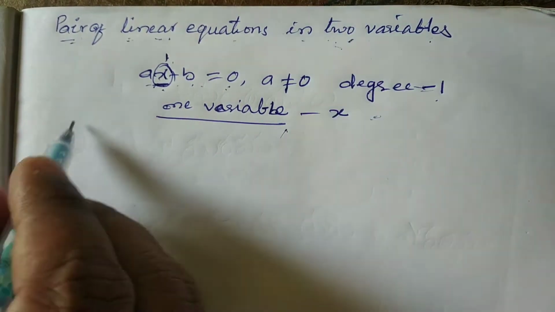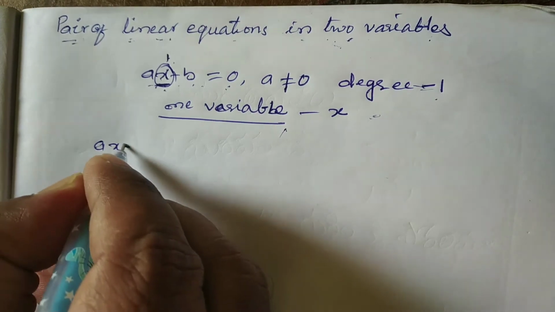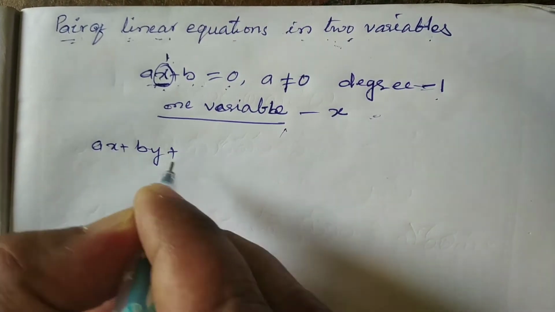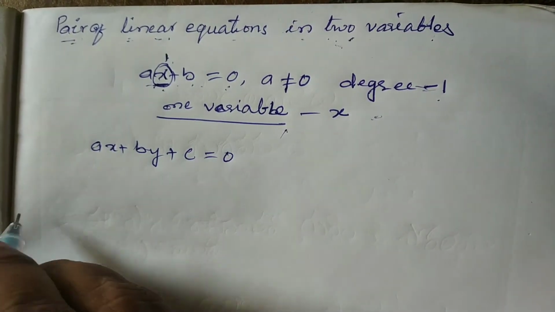So now, in two variables: ax plus by plus c is equal to 0.